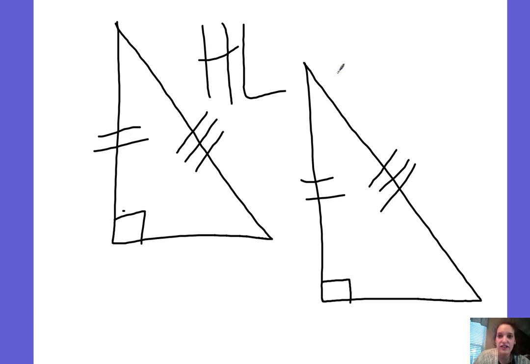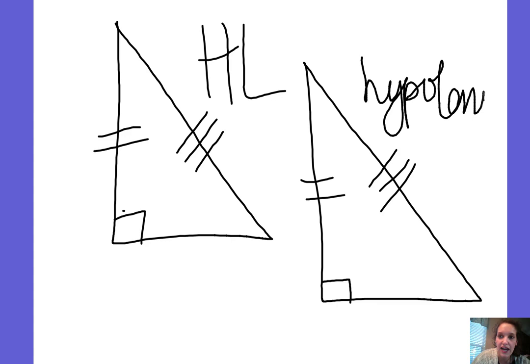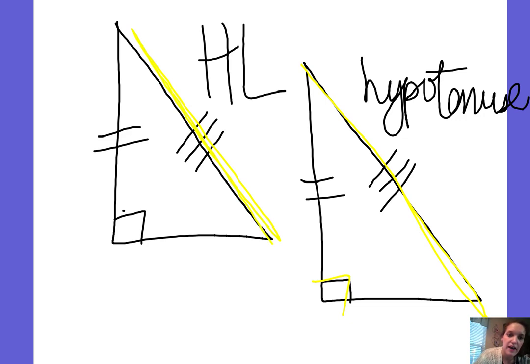Hypotenuse leg. H stands for hypotenuse, and remember the hypotenuse is the side on a right triangle that's across from the right angle. So the hypotenuse is the longest side. So if we know our hypotenuses are congruent, and if we know one pair of legs are congruent in a right triangle, we can say that they're congruent to each other.